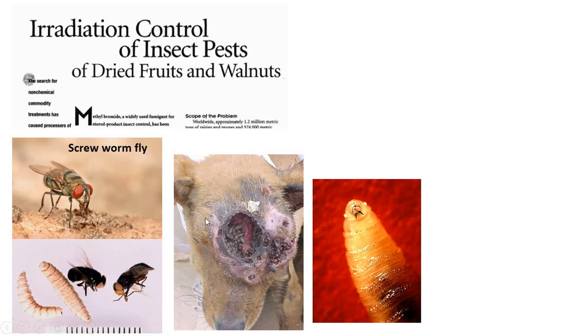So this is the screwworm fly. It's a pretty cute little fly, but the immature forms have mouth parts, burrow inside the skin, and eat the flesh. So they're not very nice.